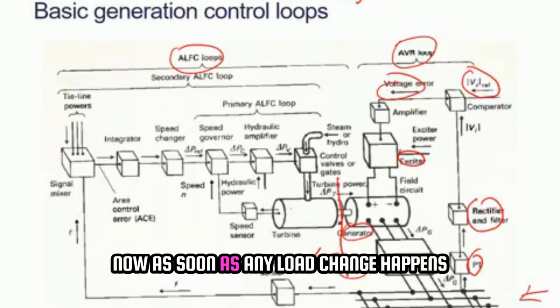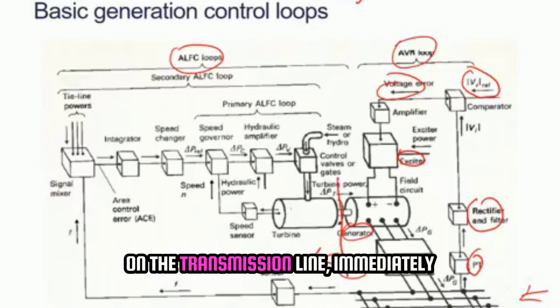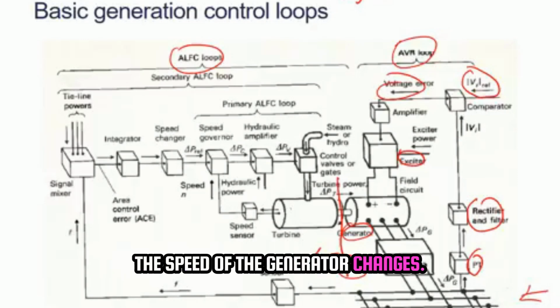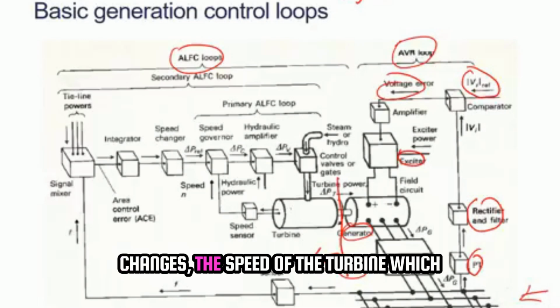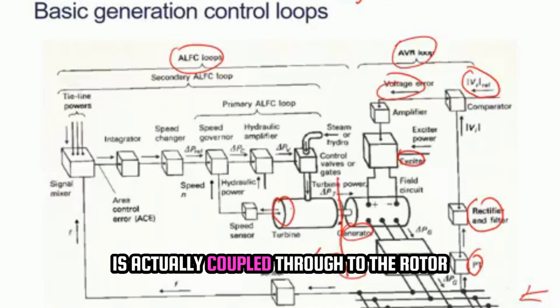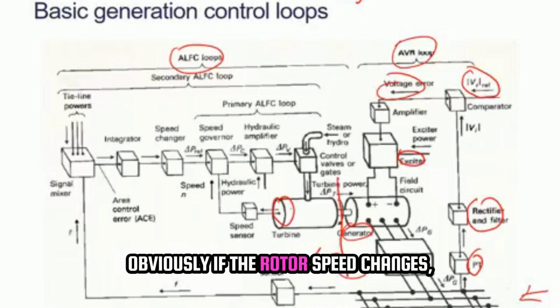Now, as soon as any load change happens on the transmission line, immediately the speed of the generator changes. And as soon as the speed of the generator changes, the speed of the turbine, which is coupled to the rotor, also changes.